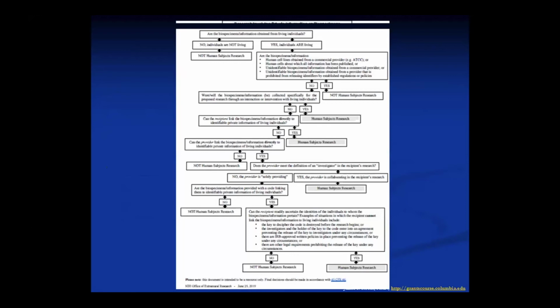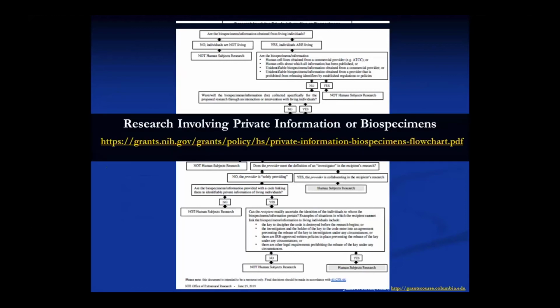This is another decision tree, and here's the URL to help you decide when you're doing research with private information, or when you're doing research with biospecimens of human origin, whether you meet the definition of doing research with human subjects.